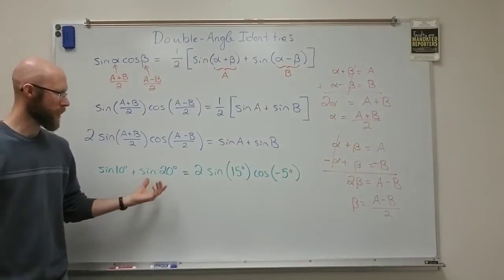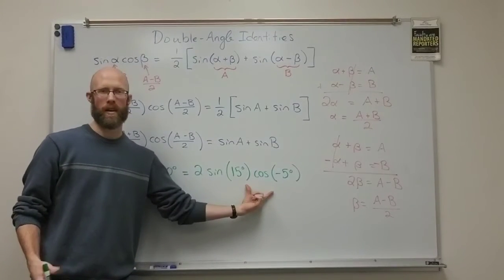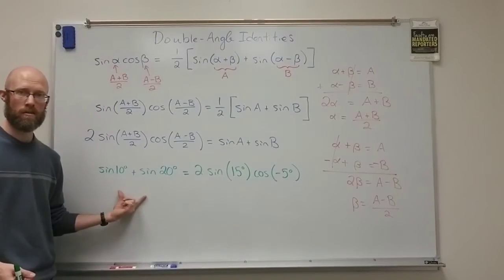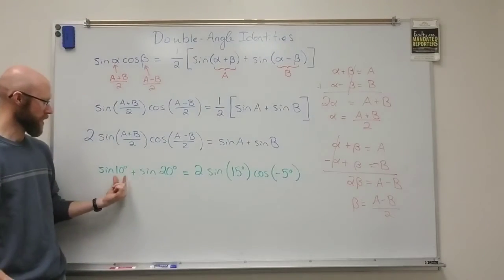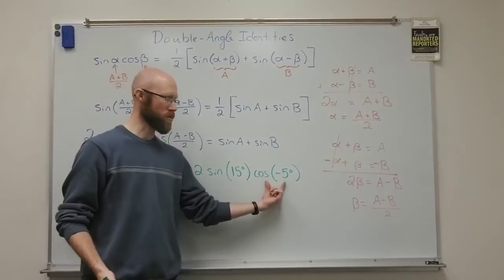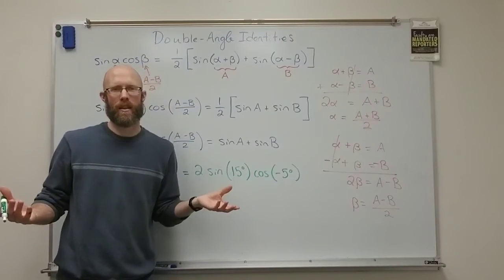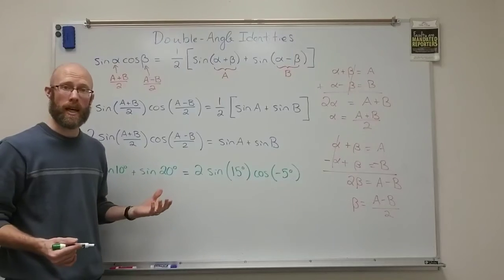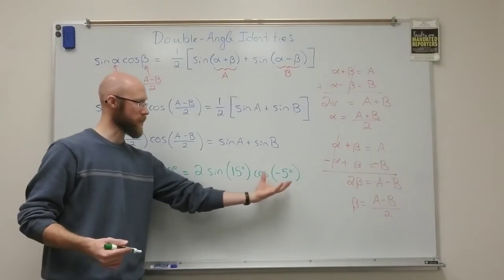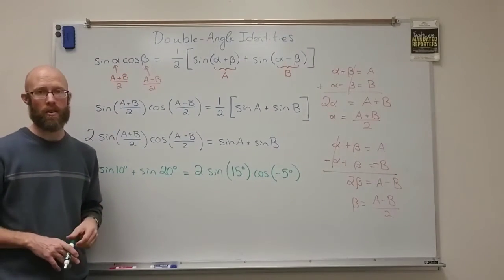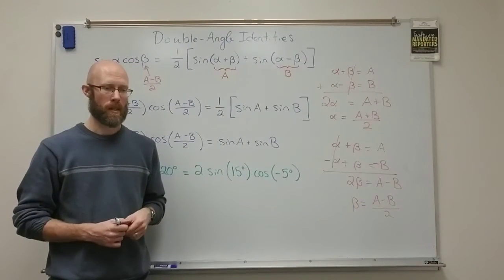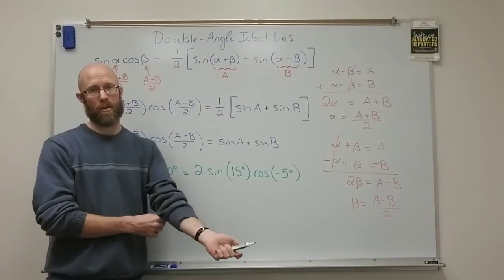Now, it may be the case that this isn't any easier to evaluate than the original. In this case, sine of 10, sine of 20, sine of 15, cosine of negative 5, none of them are really easy to solve. I just threw some numbers in there. But it could be the case that one side is easier to evaluate than the other because they represent angles in our special triangles or something like that.